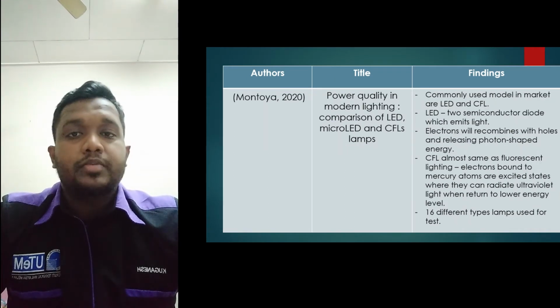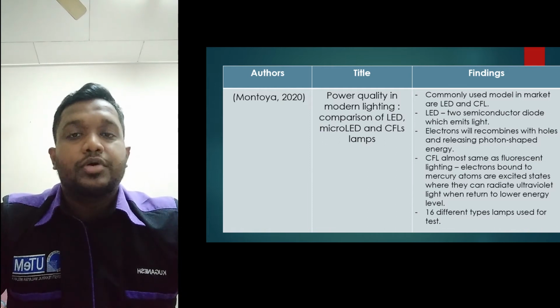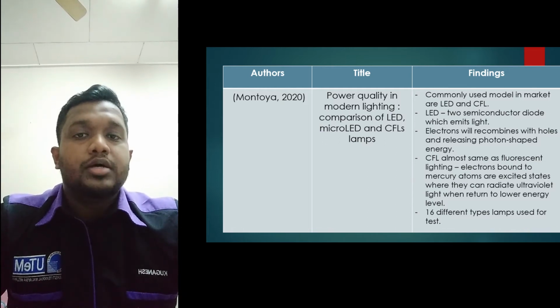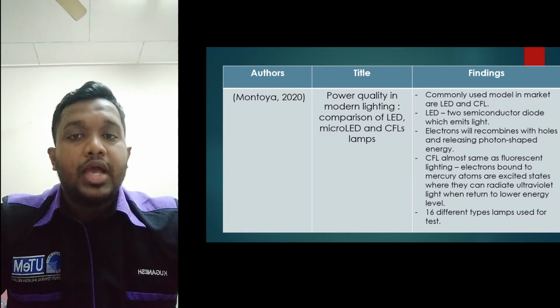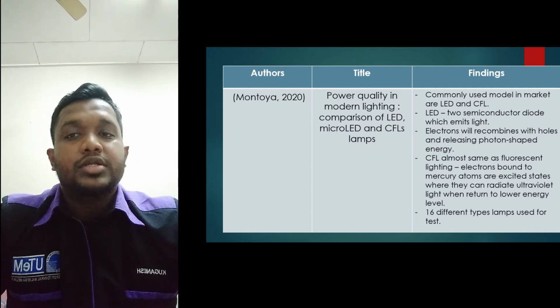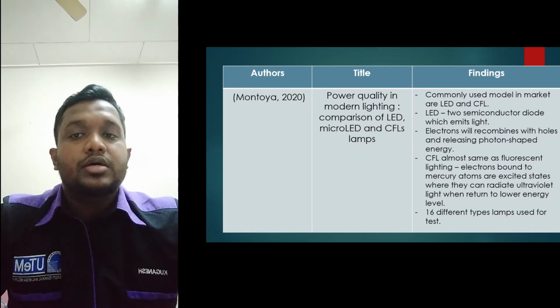Okay, another journal I used for the lighting literature review is Power quality in modern lighting: comparison of LED, micro LED and CFL lamps. The author of the title is Montoya, 2020.